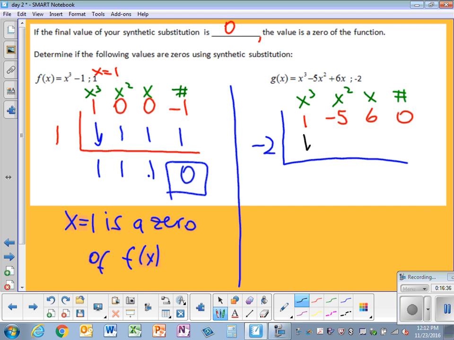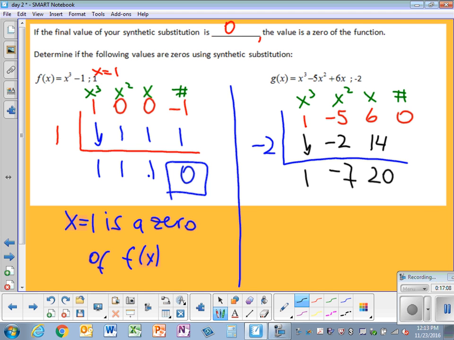Okay, so the first coefficient is just copied down. There's nothing to add. Now I multiply 1 by negative 2, gives me negative 2. I add the numbers in the column together. Minus 5 plus negative 2 is negative 7. I go on diagonal, so I multiply negative 2 times negative 7, 14. I add the numbers in the same column. 6 plus 14 is 20. I multiply the numbers.